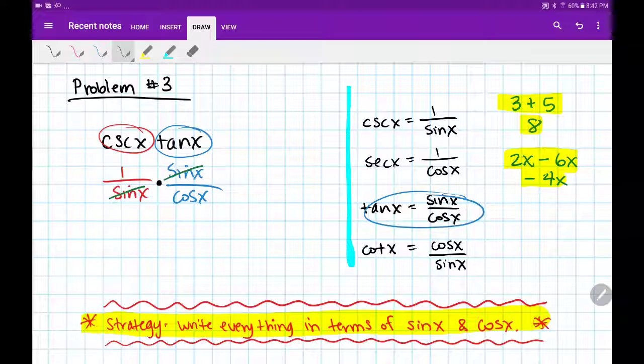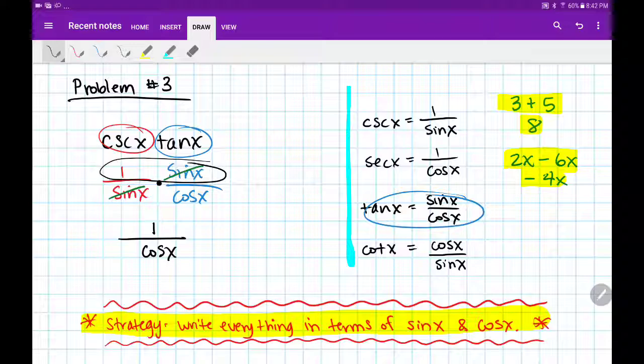And so what I'm left with, now watch out, this is a common mistake. A lot of people say, oh, the answer is cosine x. No, not so fast. You have to multiply straight across. So keep in mind that in the numerator, I have 1, and in the denominator, I have cosine x.